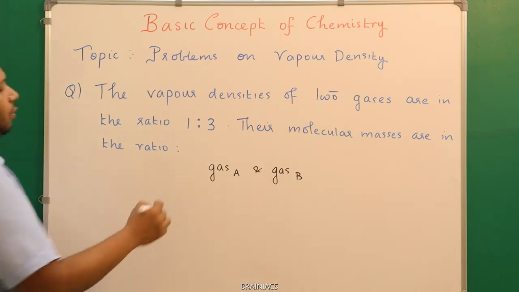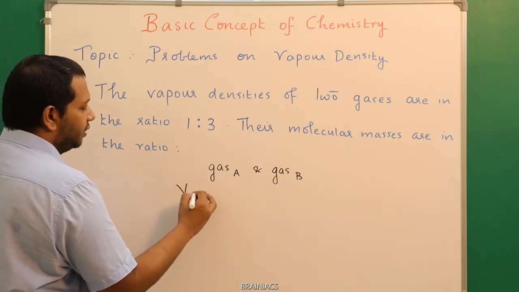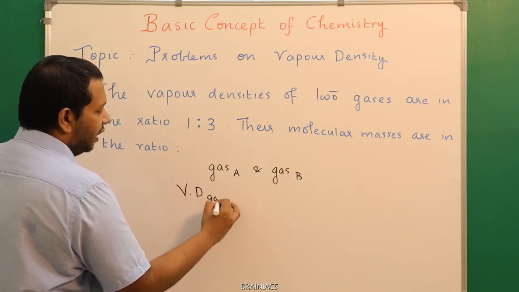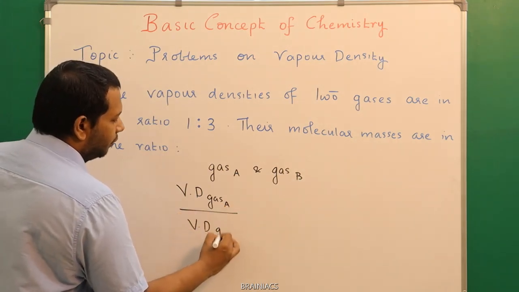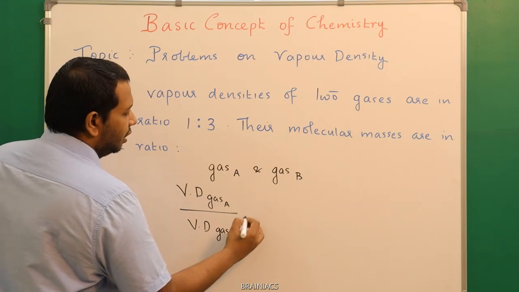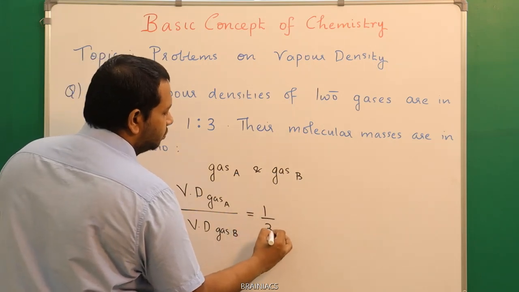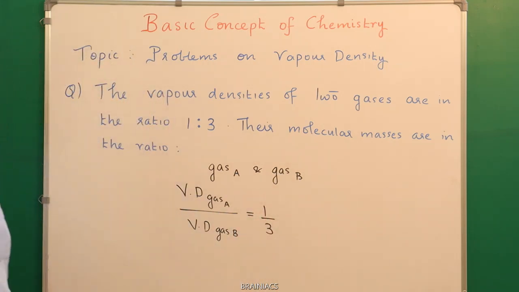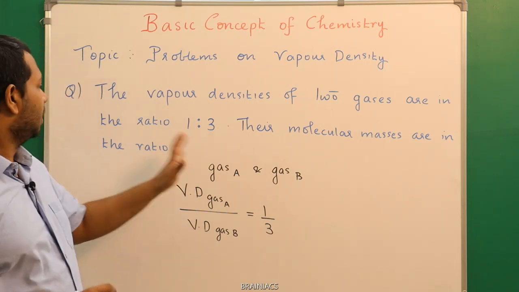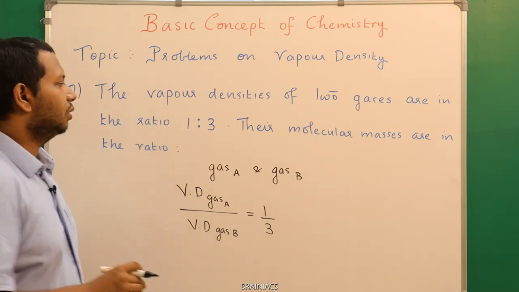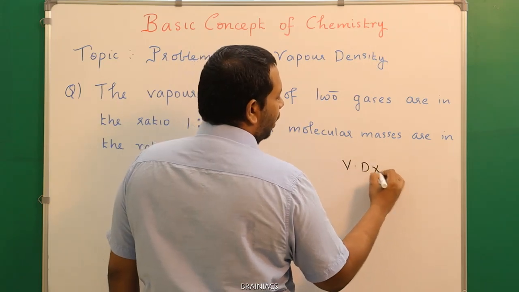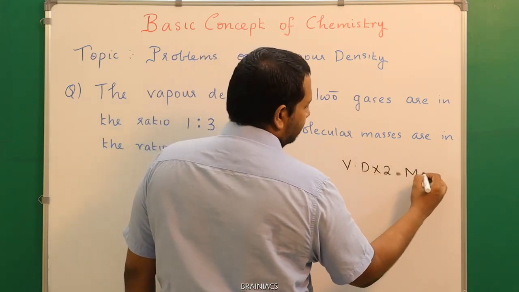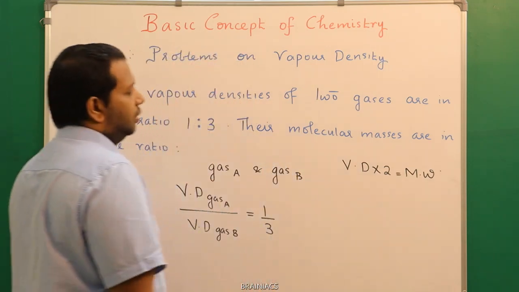Okay. So what they have given you is the vapor density of gas A to the vapor density of gas B. Its ratio is given as 1/3. Correct? And they are asking you the molecular masses ratio. We know the standard relationship: vapor density into 2 gives you the molecular weight. Correct?